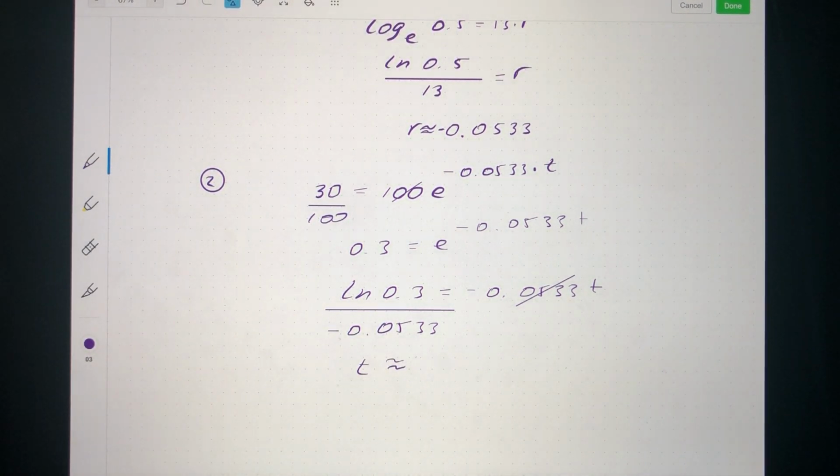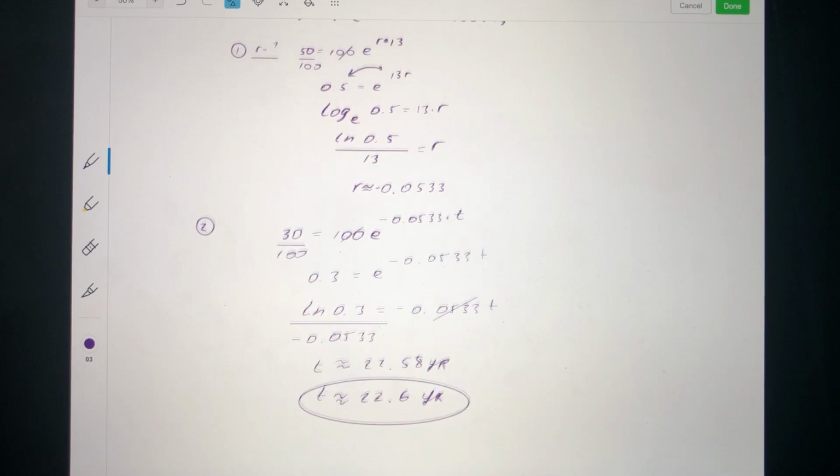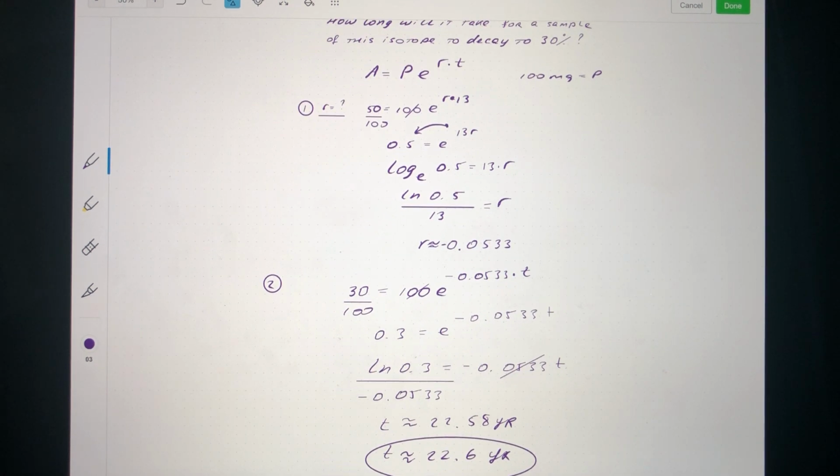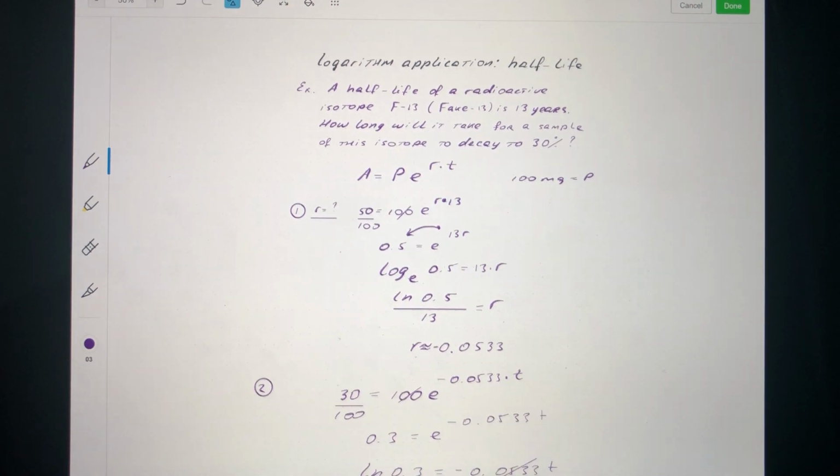So the final answer is 22.58 years, or approximately 22.6 years for our sample to decay to 30%. And that's it, that's the final answer, and that's how to use the two-step process to solve any question that has to do with half-life or doubling time.